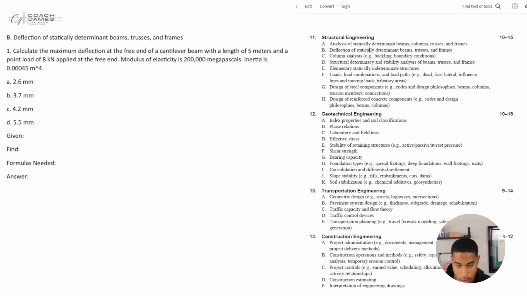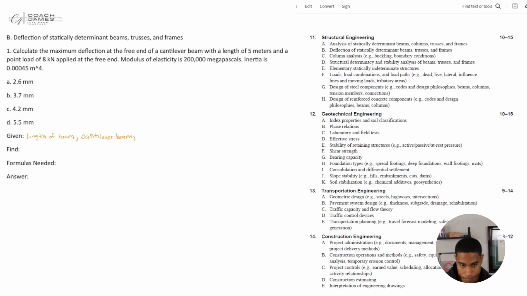Okay. So let's start out by writing the information that we are given for this question. So we are given the length of beam, which is 5 meters. We were also given that it is a cantilever beam, right?